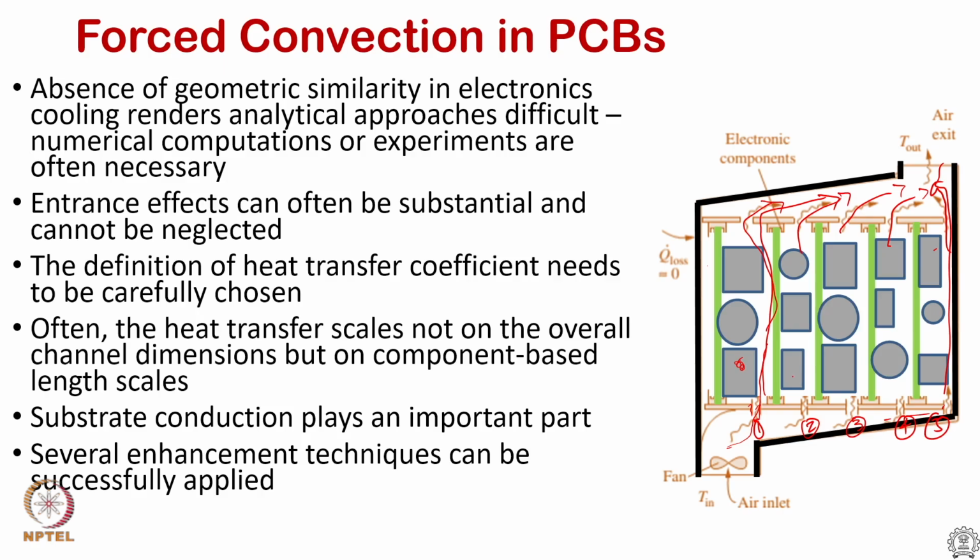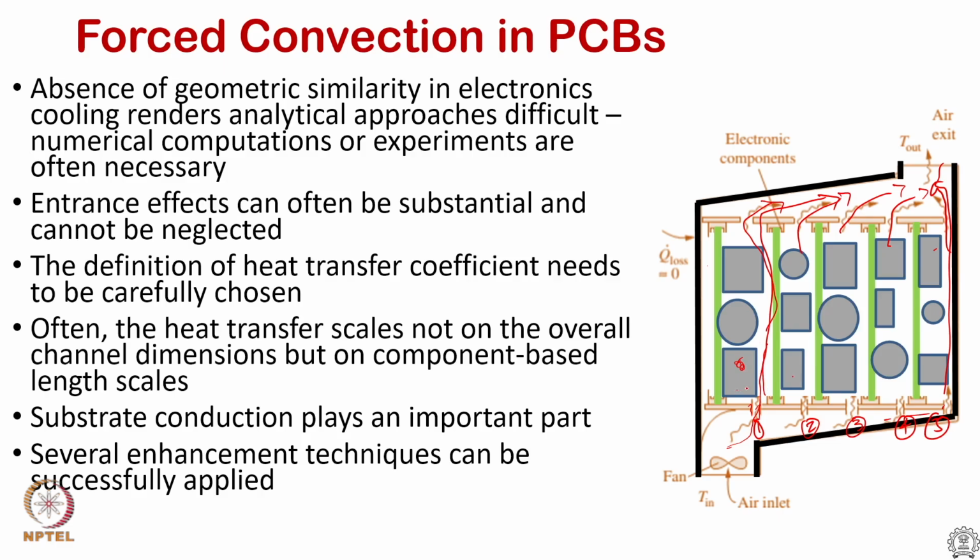entrance effects, and the heat transfer definition itself, or the Nusselt number: what characteristic length? If I were to take it at a heat sink level, flow going between the channels, then the heat transfer coefficient or the Nusselt number will be different. While I am talking about a PCB level, what would I define as my heat transfer coefficient? What is my hydraulic diameter?